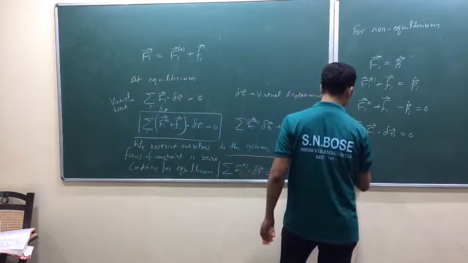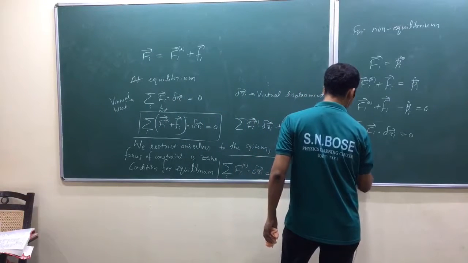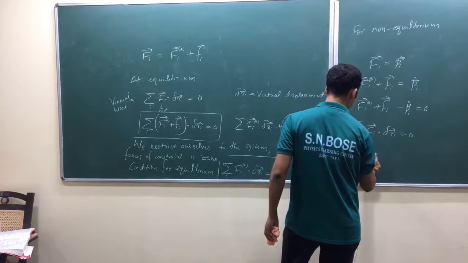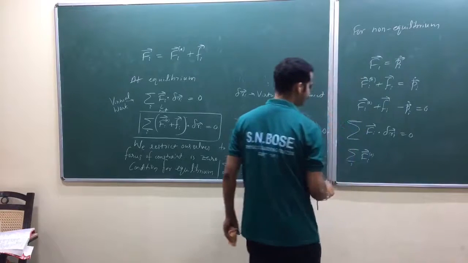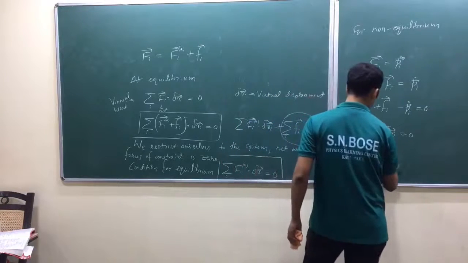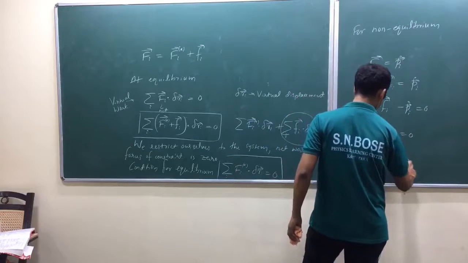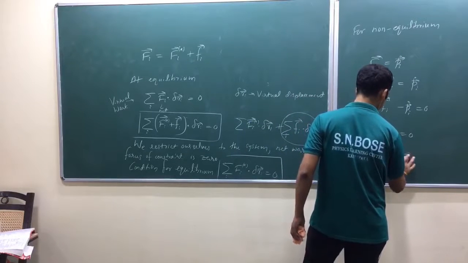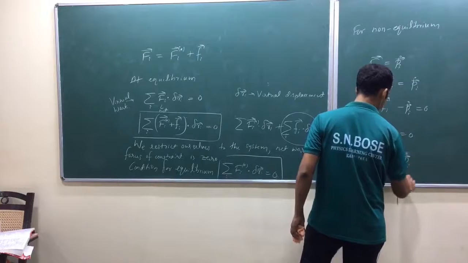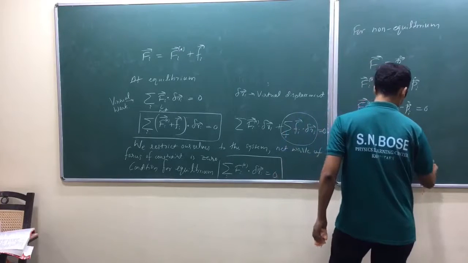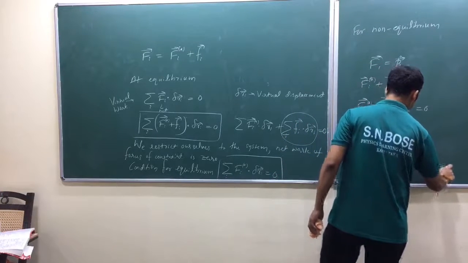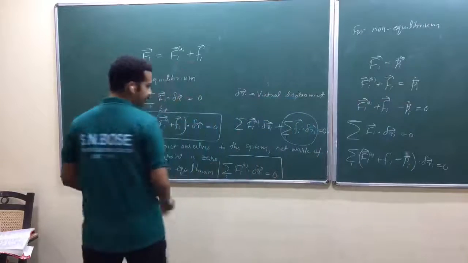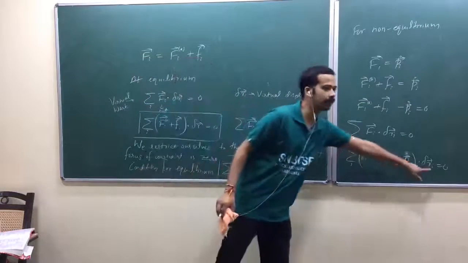Again, I can write the next step like this. Look at here. Fi applied plus Fi minus Pi dot, delta Ri is equal to 0. And the resultant equation, by taking the constraint part as 0, is Fi dot delta Ri.